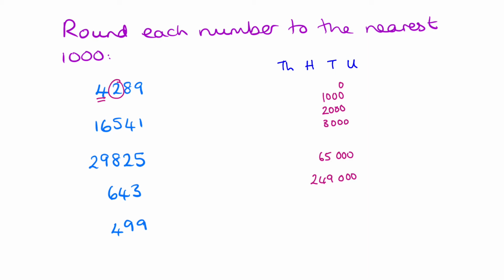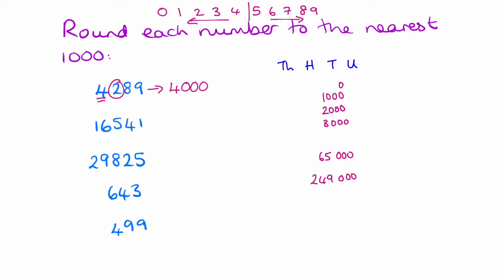So the 2, remember, we've got 0, 1, 2, 3, 4, round down, and then 5, 6, 7, 8, and 9, round up. So the 2 tells us to round down or to leave the 4 as it is. So it's 4,000, because 4,289 is in between 4,000 and 5,000.